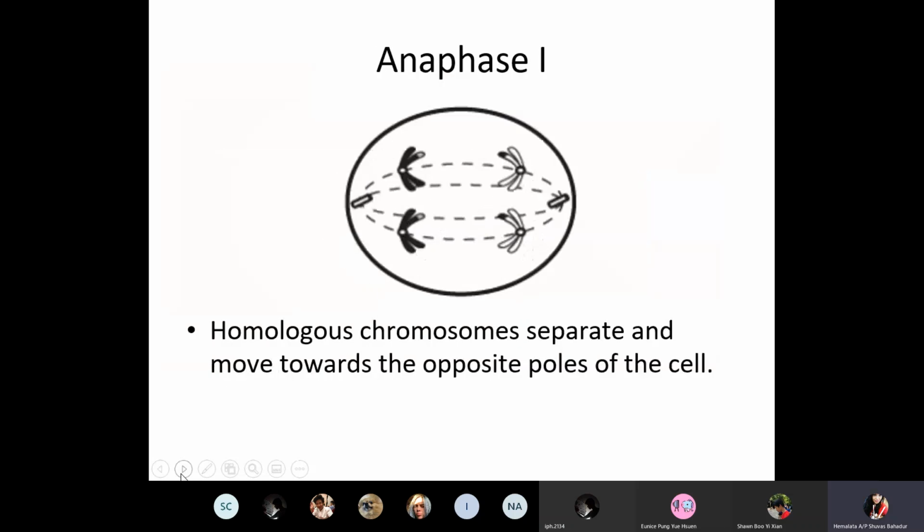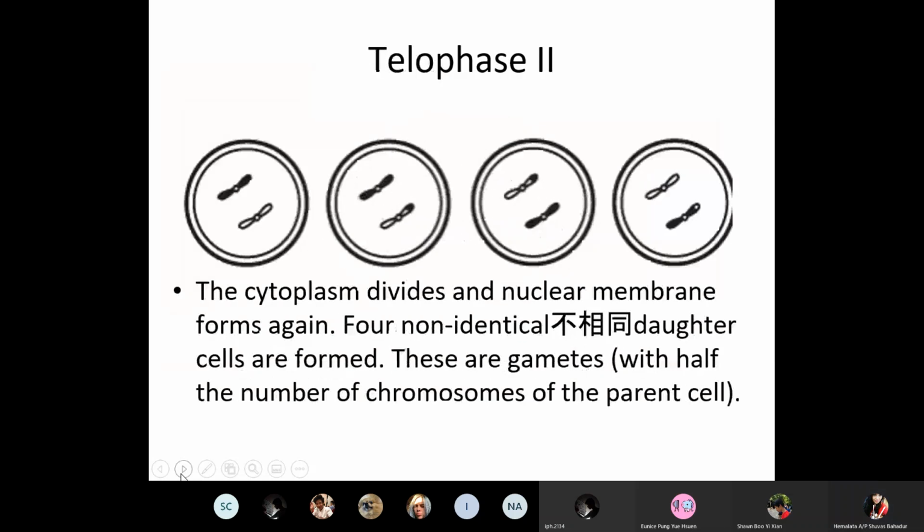Now at the end over here, what are these gametes actually? Does it mean one sperm and 3 different cells, or are all of them sperms actually? All of them. Yes, exactly.